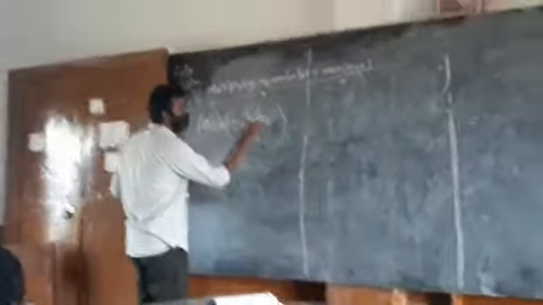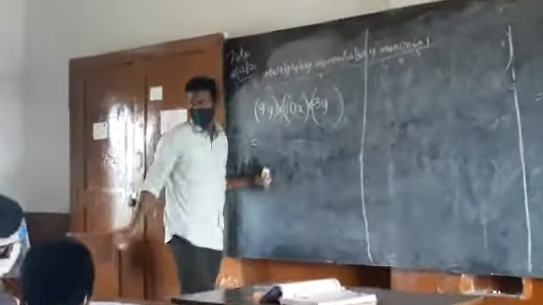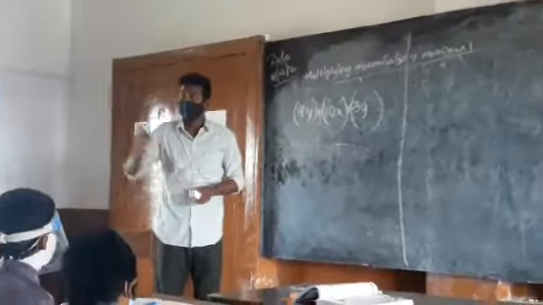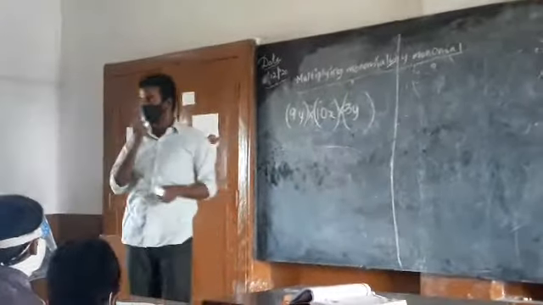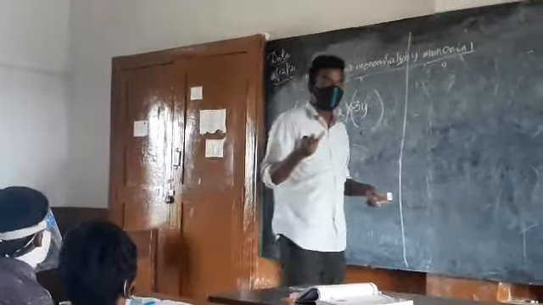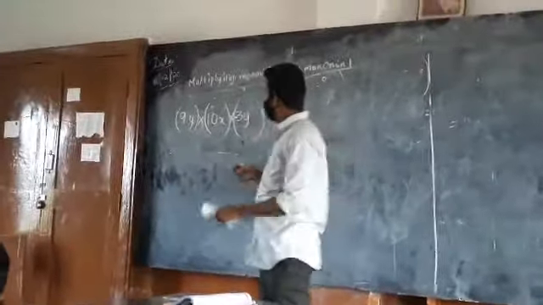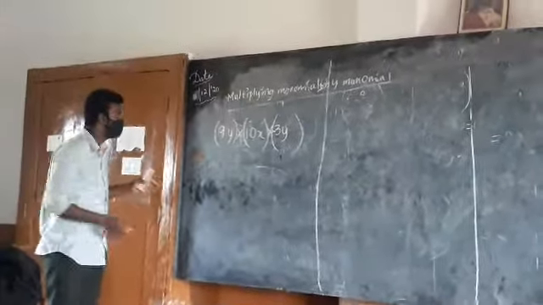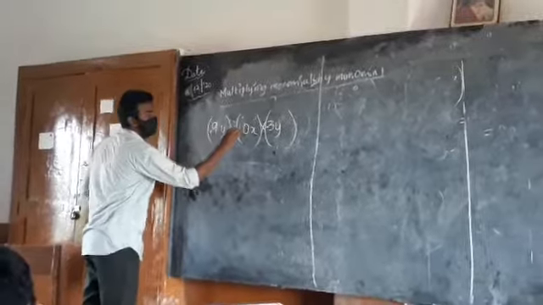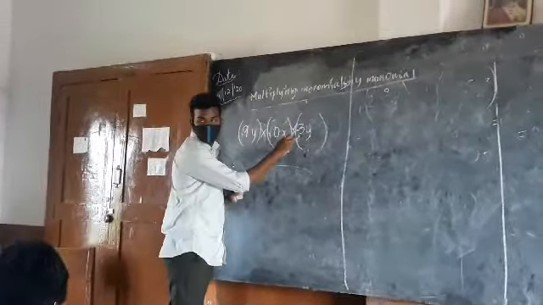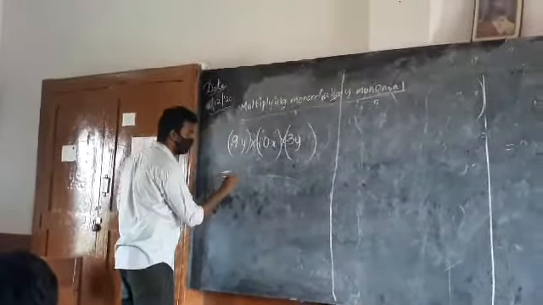Suppose there is minus 3y. Then first of all, before multiplying the constants, you multiply the signs. So far we are doing it in 2 steps. If a minus sign is involved, you do it in 3 steps. Plus into plus, plus. Plus into minus, minus. Very good. Minus 270.